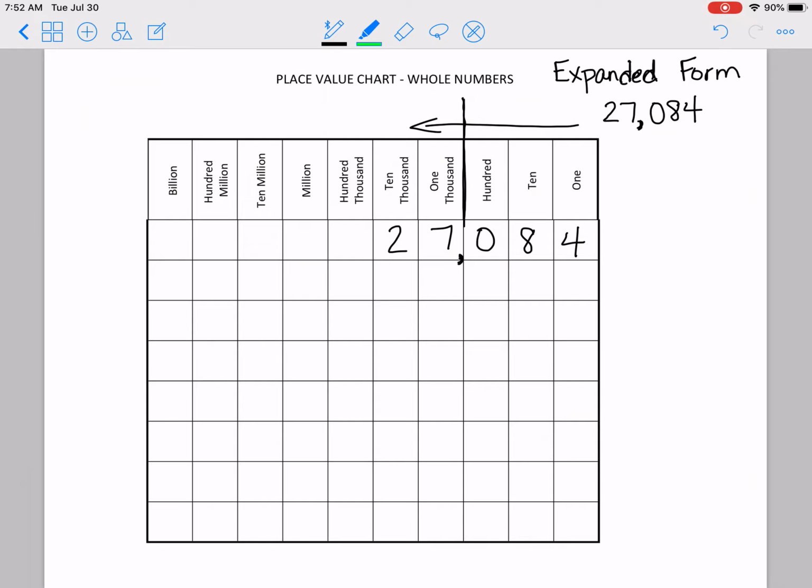So I have 20,000. If I move to my 7, it is in the thousands place. So I have 7 thousands, or 7,000.